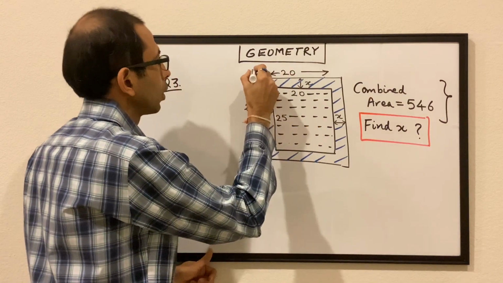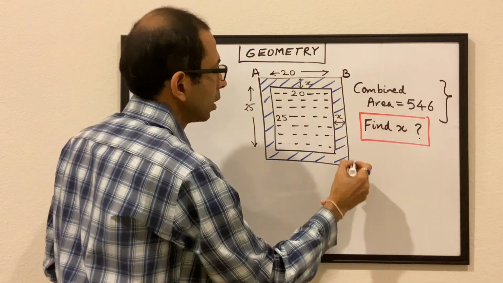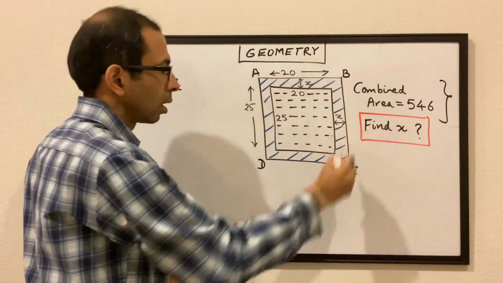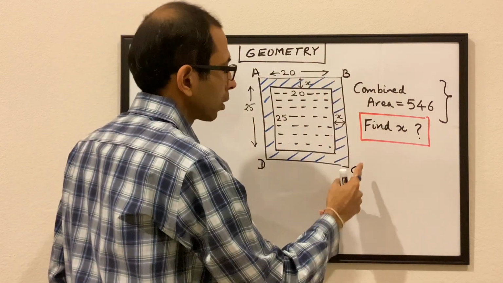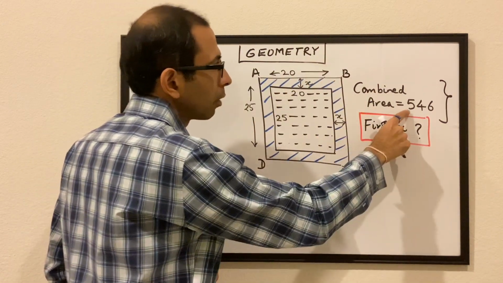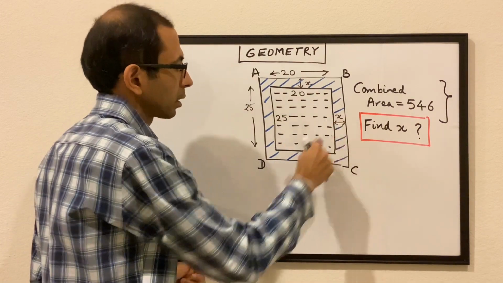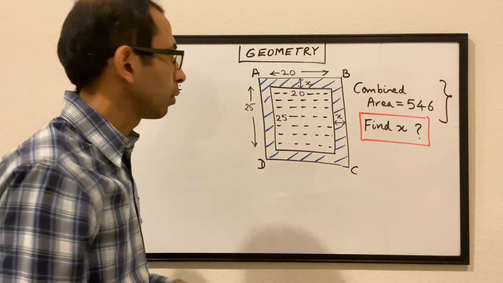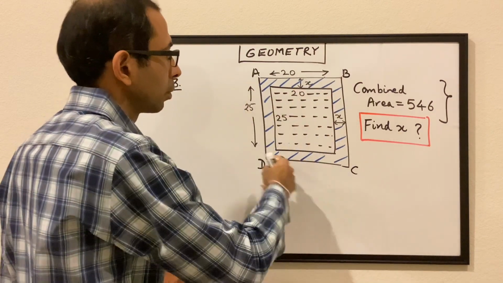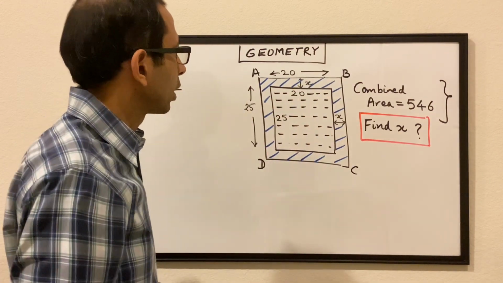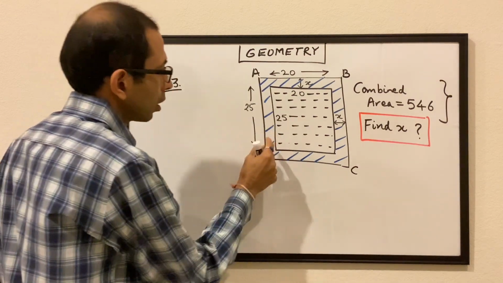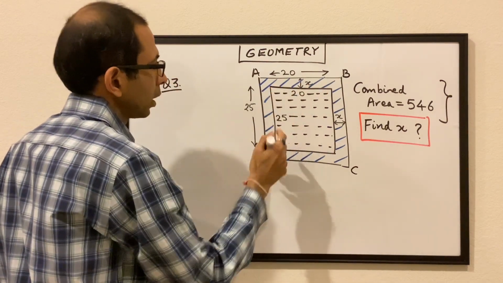So let's say if this was A, B, C, D, the outer rectangle. So the outer rectangle ABCD has an area of 546, and we have to find the value of x, right, or the width of the concrete floor which is surrounding the swimming pool. So again, pretty straightforward, right? This is 25, this is 20.